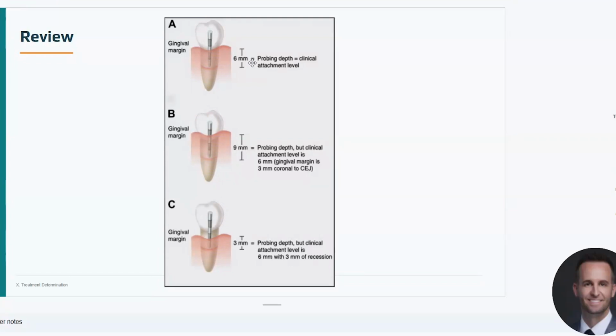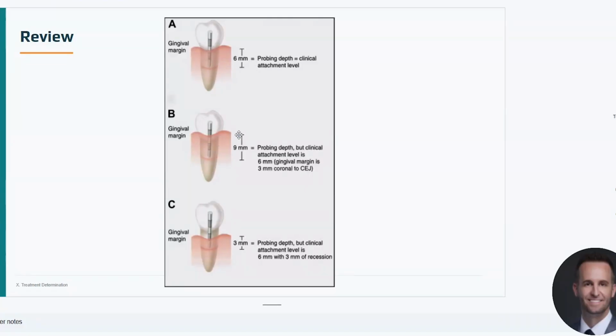We have a scenario where we have a 6 millimeter probing depth, and our gingival margin starts at 0. So our gingival margin here is at 0, and we have a 6 millimeter probing depth, meaning we're going to have a 6 millimeter clinical attachment level.